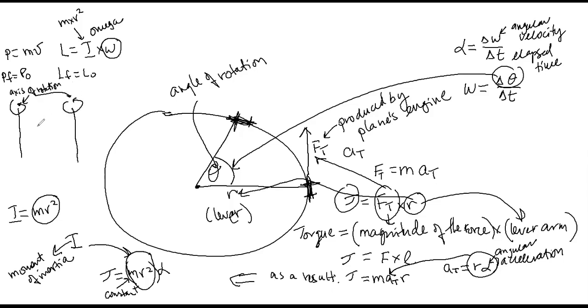So in one case, the skater has the legs out and the hands out, rotating around this axis of rotation. And in this position, the skater has her hands together and her legs together, not sticking out. You see how this one is sticking out?